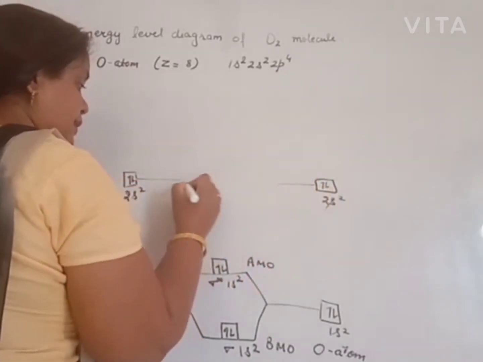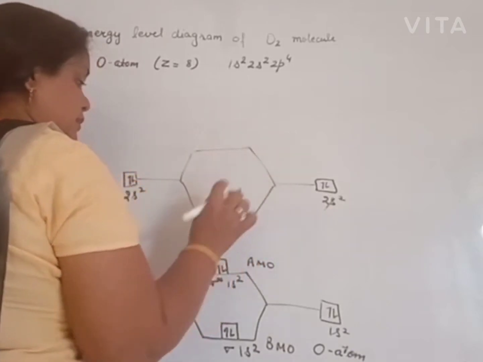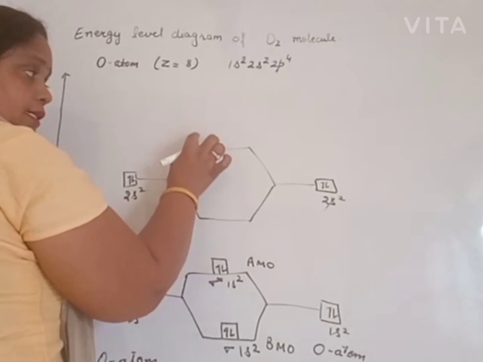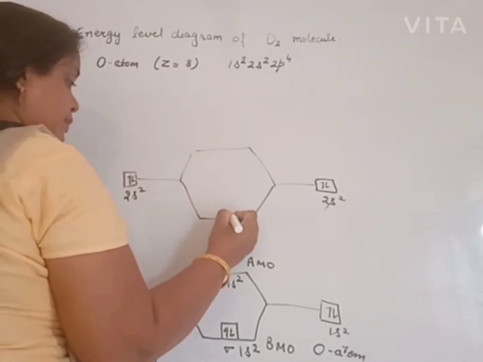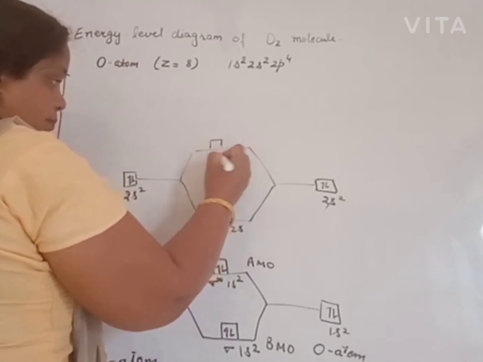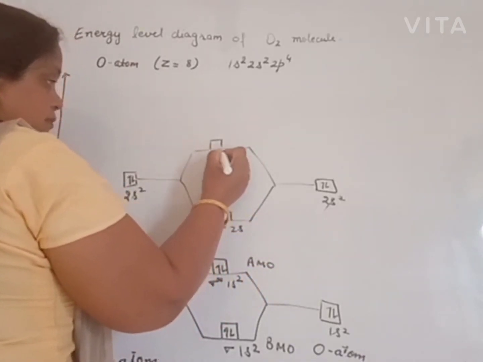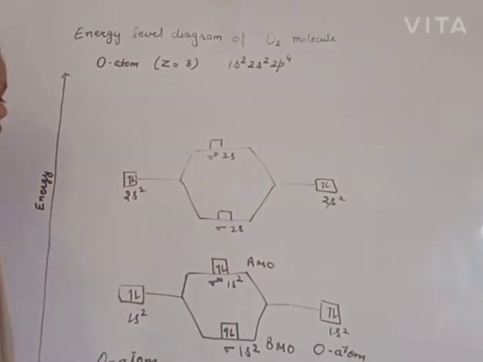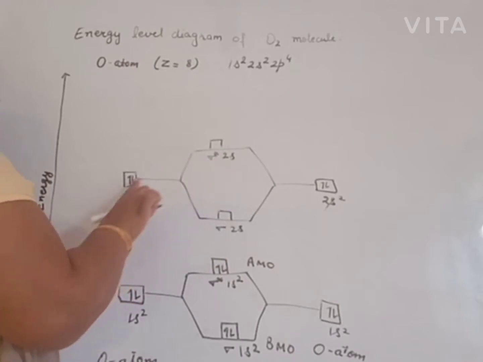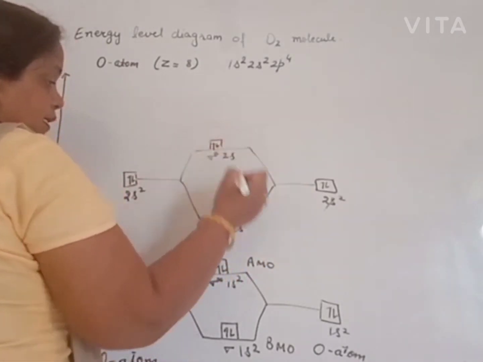When 2 atomic orbitals combine together, they again give 2 new molecular orbitals, one with lower energy, one with higher energy. Lower energy is bonding, higher energy is antibonding. Both are 2s orbitals. By overlapping of s orbitals, sigma orbitals are formed: sigma and sigma star. Without star, bonding. With star, antibonding. 4 electrons are there, 2 on the lower side, 2 on the upper energy side.